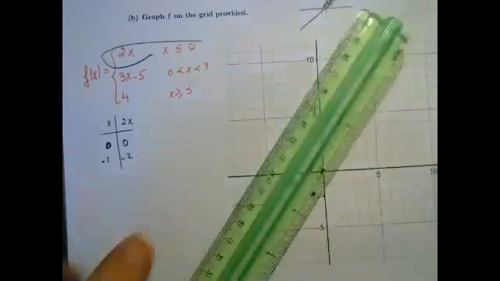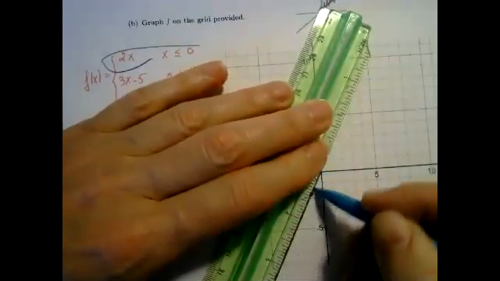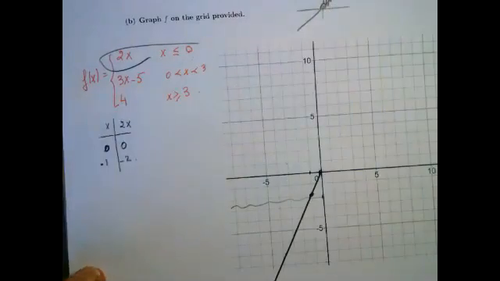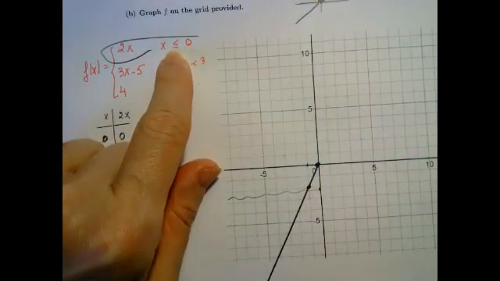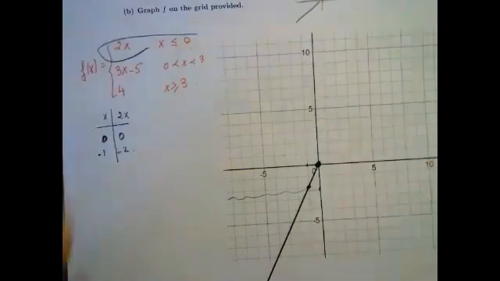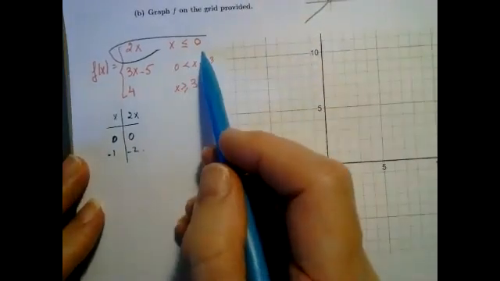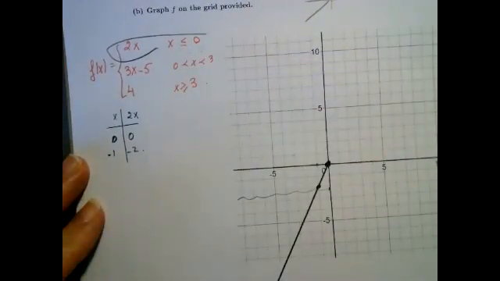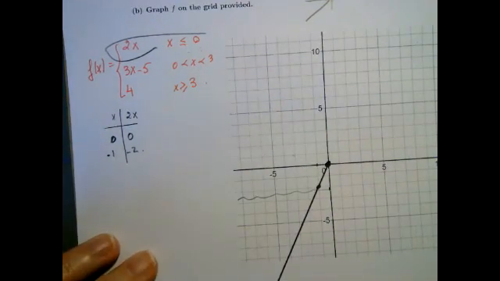So the graph is going to look like a straight line. I forget when was the last time I used a ruler, but today I'm using it. And we're going to stop exactly at 0. If x is 0, the output is 0, so that's a nice closed circle. That's the first piece of the graph. You stop here. You don't keep going to infinity, because this is what your input is about. Now, what about 3x minus 5?